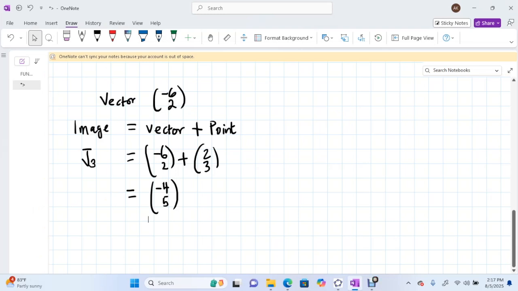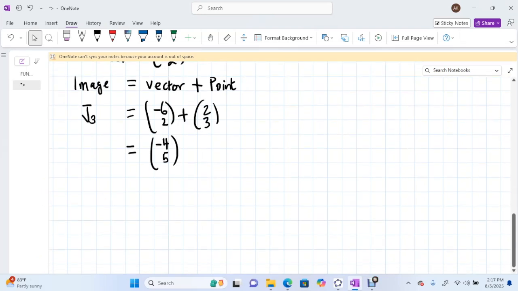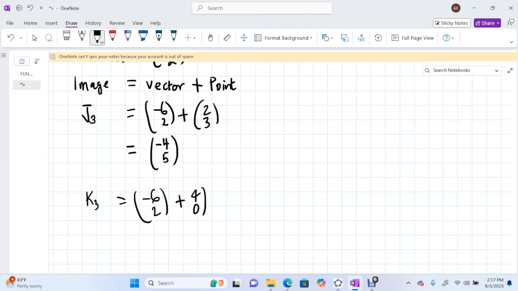We are using the same formula. We are going to have the image JK3, which is going to be the vector -6, 2 plus the point K, and K was 4, 0. So that's going to be 4, 0, and then we add it, we get -2, 2.